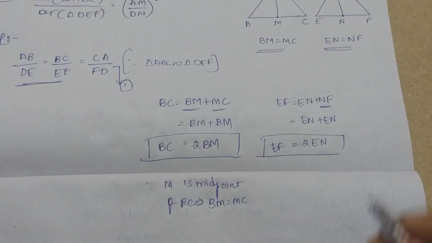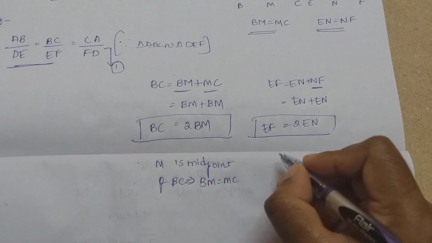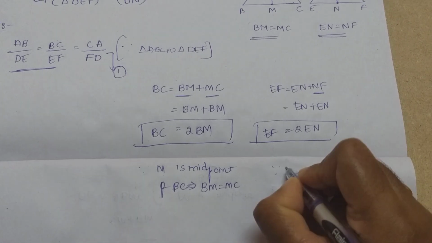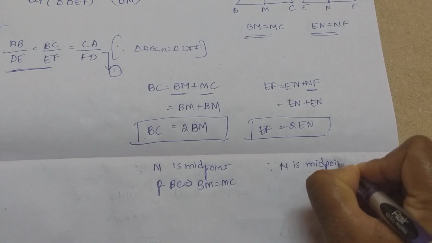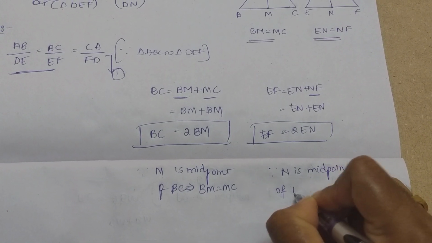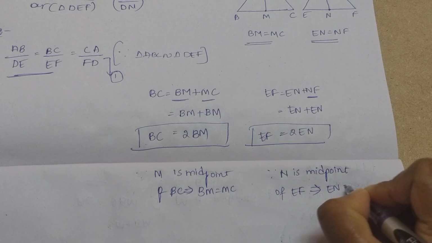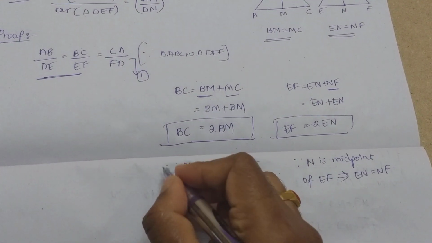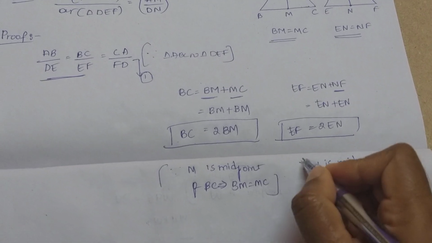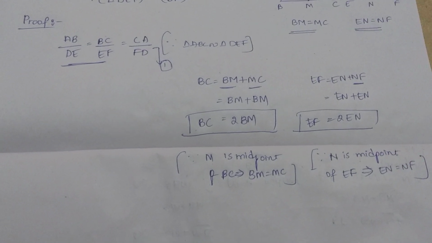Just for explaining you, I have written it in the diagram, but this you have to write in the exam also. Right here also, since N is the midpoint of EF, that implies EN equals NF. Clear? This is the reason. Write it in brackets, but here due to lack of space I am writing it down.